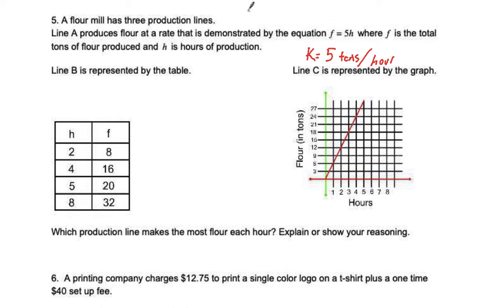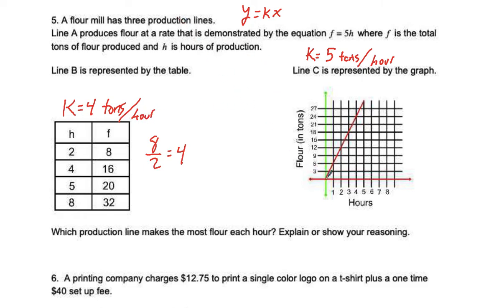Remember, our typical equation would be y equals kx. And so h is where the x goes and f is where the y goes. So we would do 8 over 2, that's y over x, and that equals 4. So this one would have a k value of k equals 4, and that's 4 tons every hour.